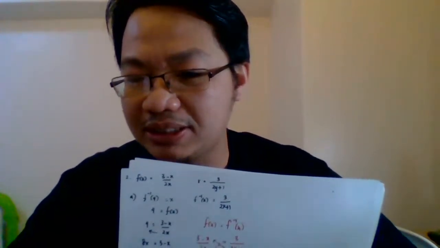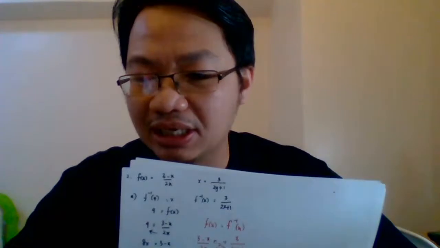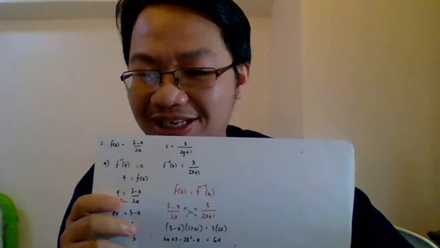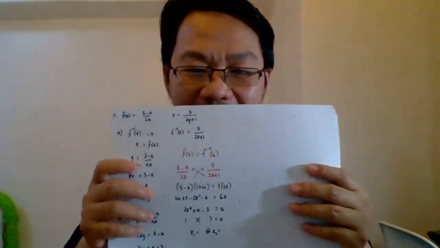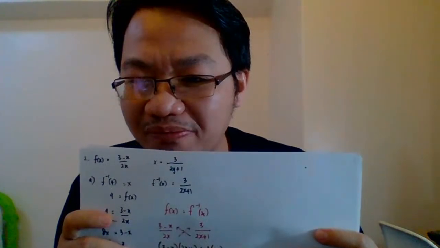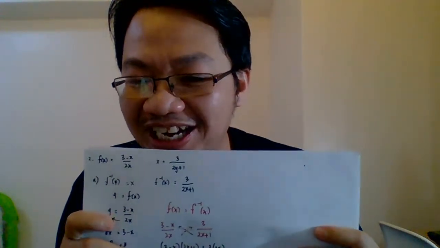But Roshini got a different answer here, x equals 2 for the first x. Please double check your answer. Maybe she's correct, we don't know. But since most people got the same thing, I assume Roshini is wrong. The first x equals 1, the second x equals negative 3 over 2.